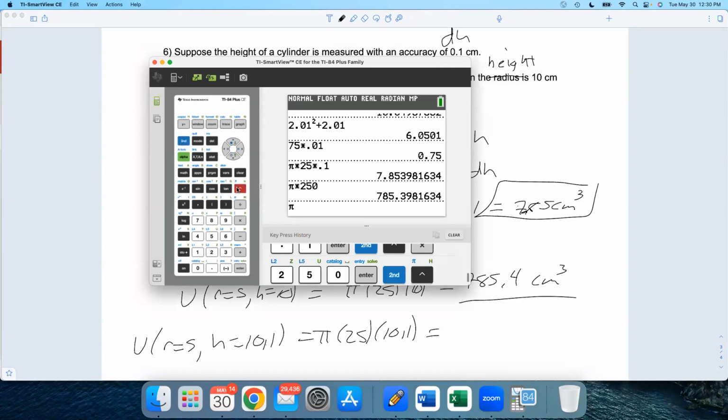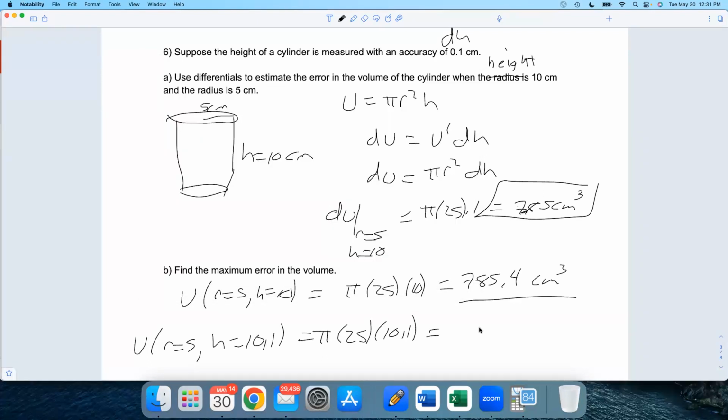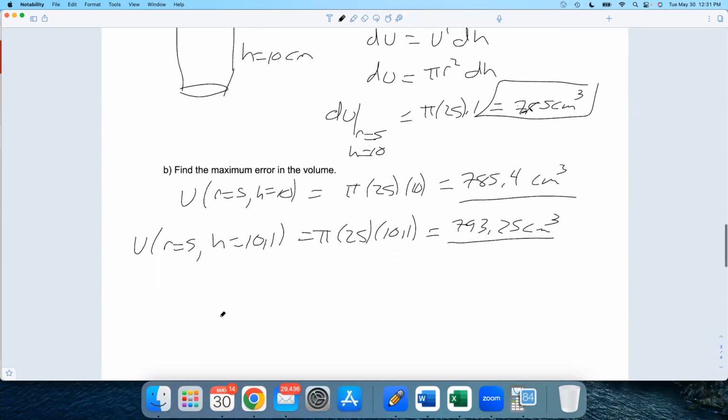So pi, I'll actually type it out, times 25 times 10.1. 793.25. So that's the biggest volume we might end up with if the machine accidentally had the height being 0.1 centimeters too high. But what if it was too low?